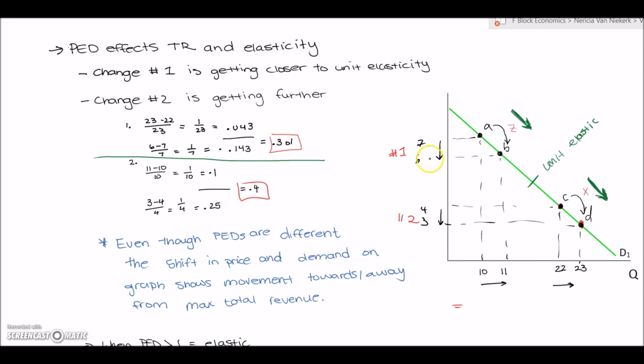In this case, from 7 to 6 is wanting to reach unit elasticity, but when changing from 4 to 3, it is then past unit elasticity and is actually becoming very inelastic. But in this case, going from 7 to 6, although it has a smaller PED than the second change, it does come closer to the unit elasticity which is desired.